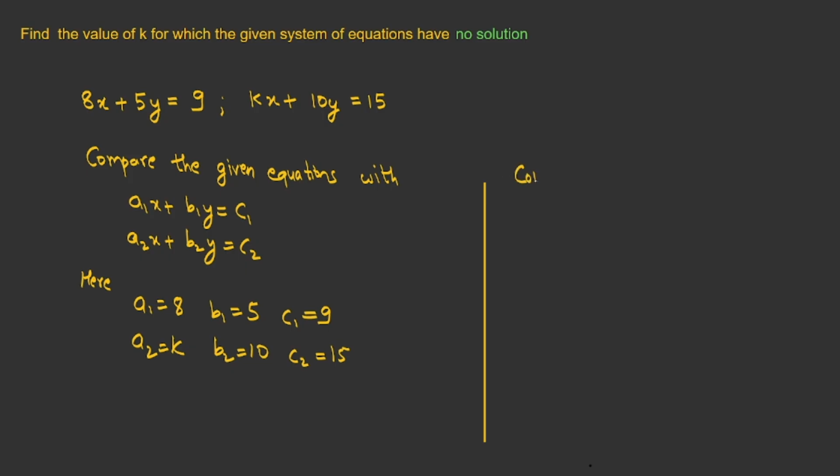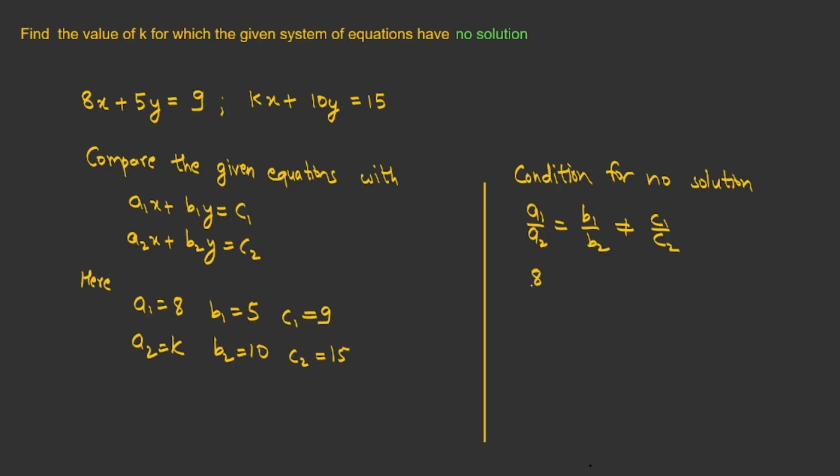Okay, so now you know the condition for no solution: a1 upon a2 equals b1 upon b2 but not equal to c1 upon c2.